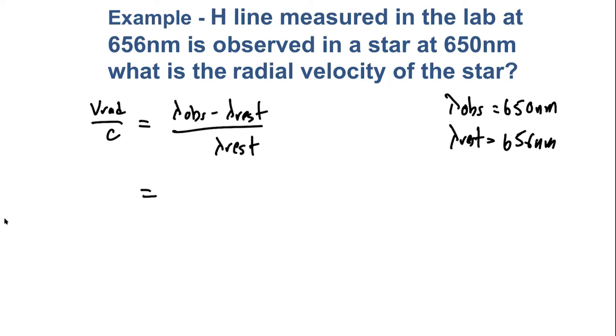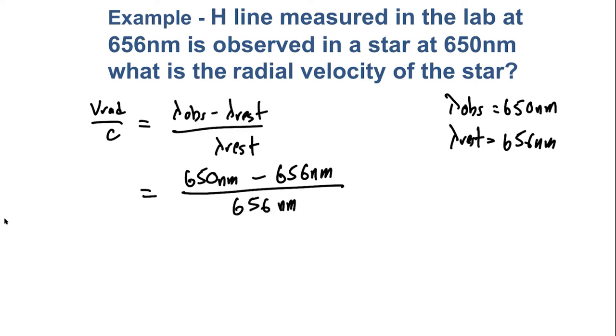Lambda obs is 650 nanometers minus lambda rest, 656 nanometers, divided by lambda rest, 656 nanometers. Let's do the subtraction first. 650 minus 656 is negative 6 nanometers on top divided by 656 nanometers on the bottom.